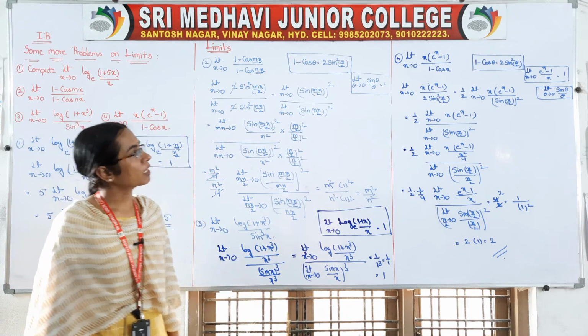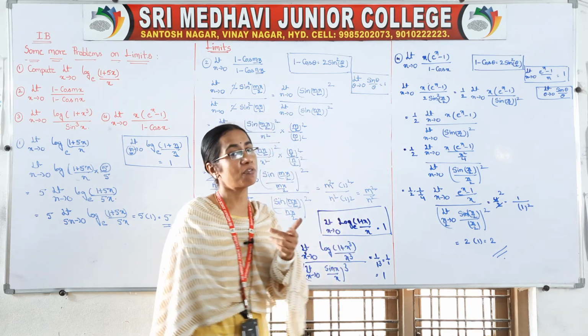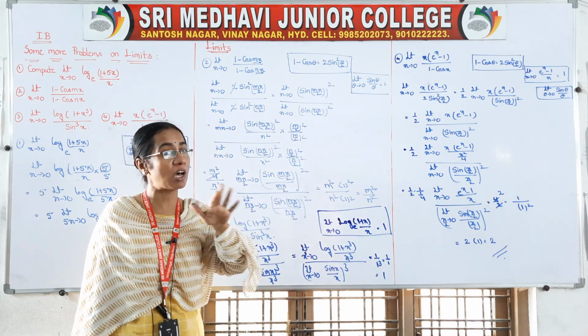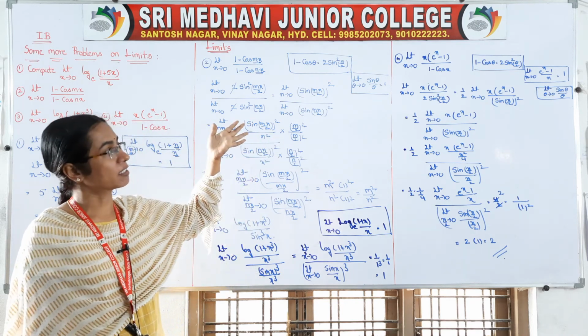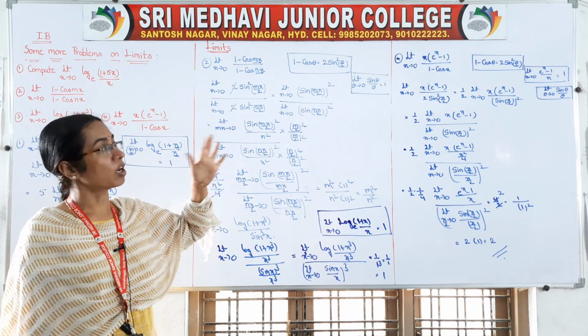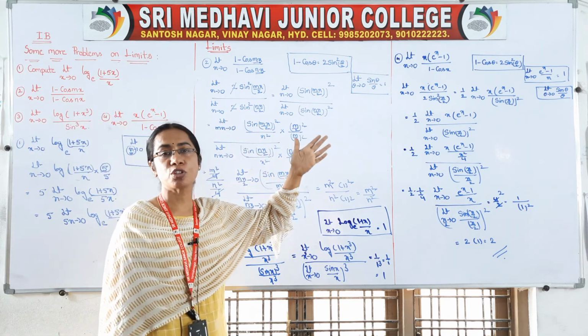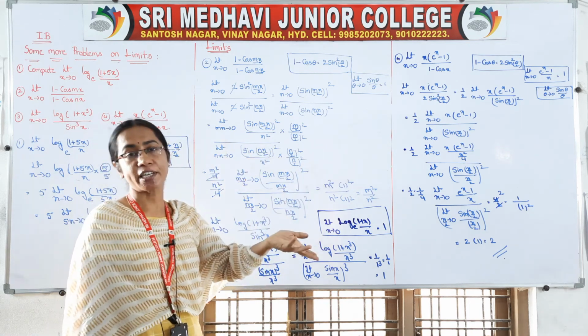Now come to the fourth question. Whenever e to the power of x minus 1 is there, again there is a standard formula. If you are perfect with the formula, within seconds you will get the idea. We have to arrange this problem into the form limit x tends to 0 e to the power of x minus 1 by x. If x is not there, we will divide it.